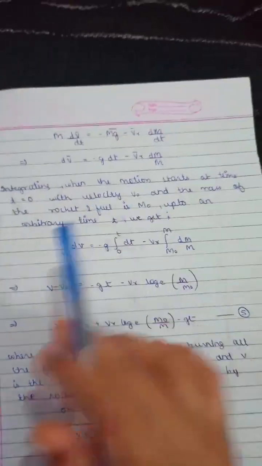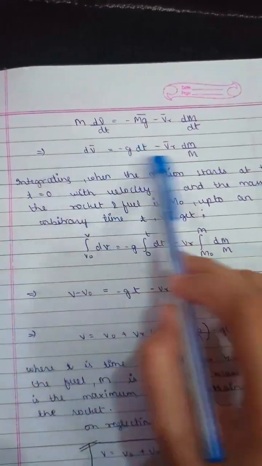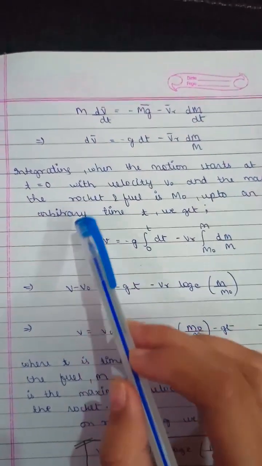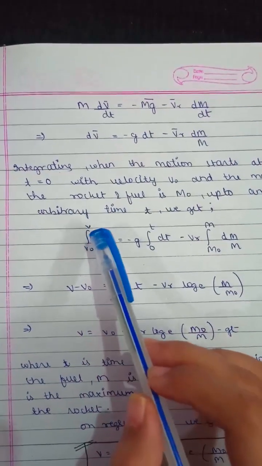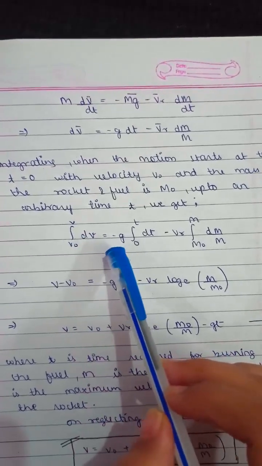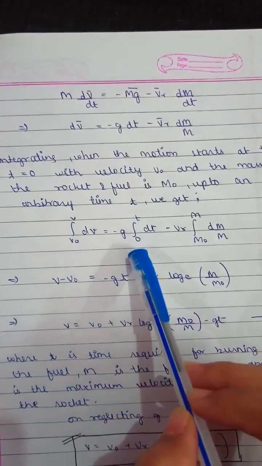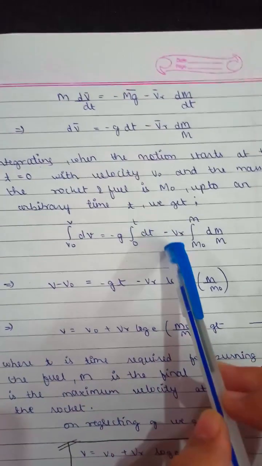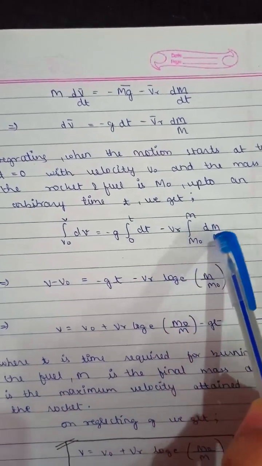Applying the conditions, we get the integral from v naught to v of dv equals minus g times the integral from 0 to t of dt minus Vr times the integral from m naught to m of dm/m.